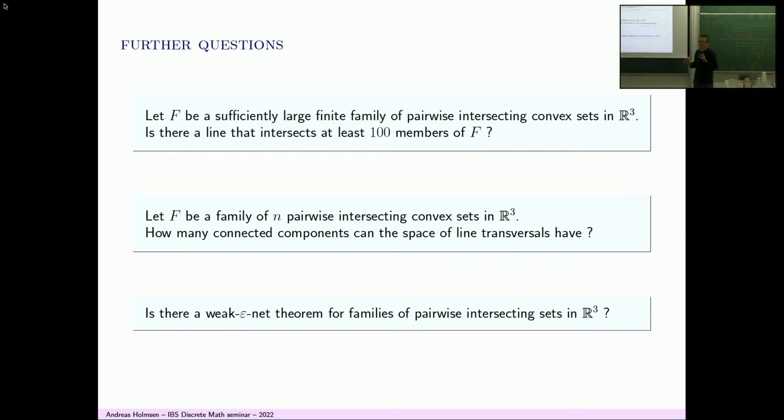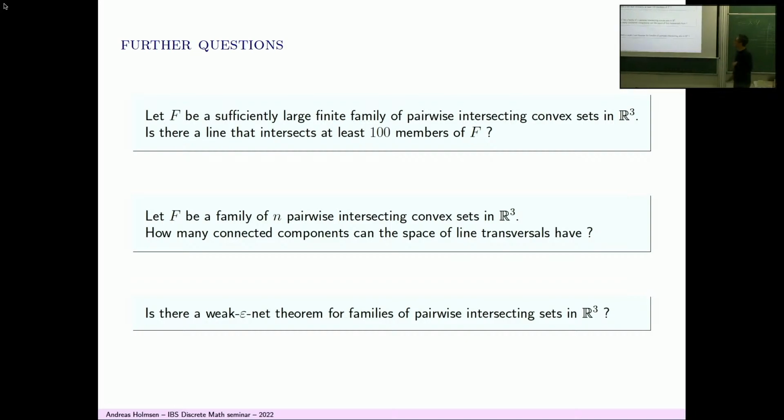If you have 3 pairwise disjoint convex sets, the space of line transversals can have at most 3 connected components. If you have 4 pairwise disjoint convex sets in R3, you can have arbitrarily many connected components. And this sort of explains one of the reasons why there's not a good theory. But what if the sets are pairwise intersecting? Maybe then the number of connected components can be controlled as some function of n.